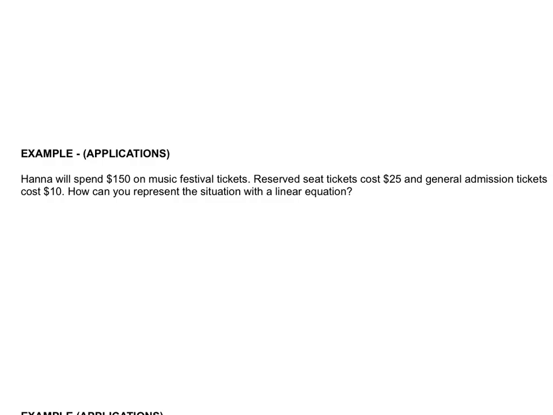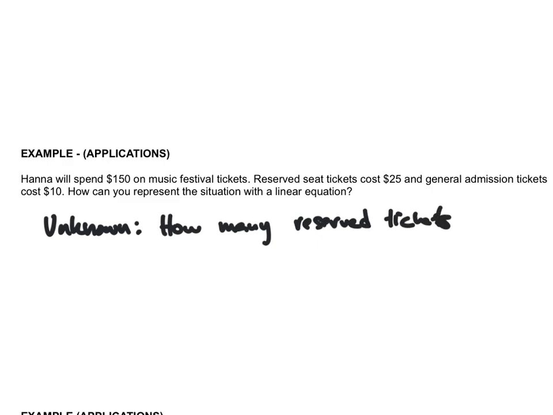So what I want to figure out are my unknowns. What do I not know? I don't know how many reserved tickets there are, and I don't know how many GA, general admission tickets there are.